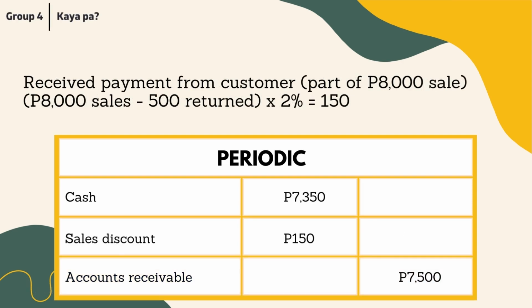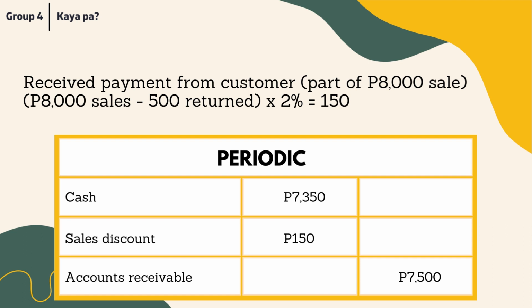Have another example. Receive payment from customer. Part of 8,000 pesos sale. Still a continuation. Let's say we received the payment for the 8,000 pesos sale, and the customer availed of the 2%. So, what will happen is our 8,000 has a deduction of 500 because of the return.